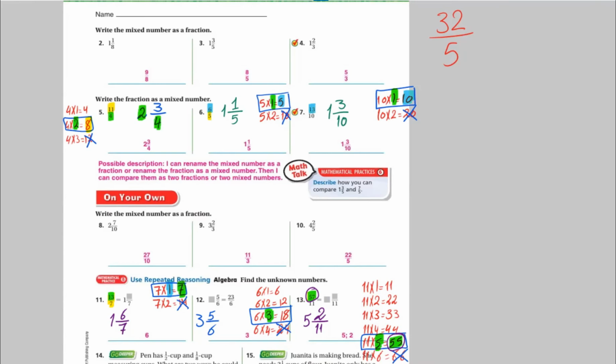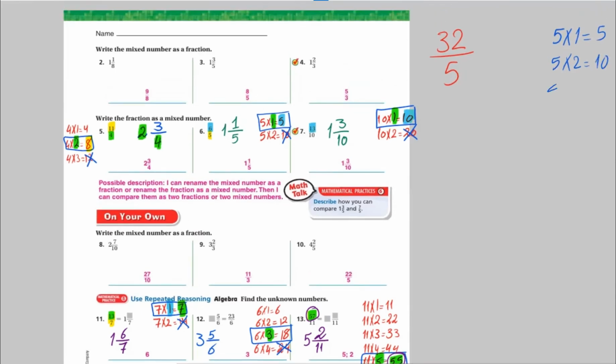First, we see 5. If it is in the multiplication of 32. So I'm going to multiply 5 by 1 equals 5, 5 by 2 equals 10, 5 multiplied by 3 equals 15, 5 multiplied by 4 equals 20, and 5 multiplied by 5 equals 25.